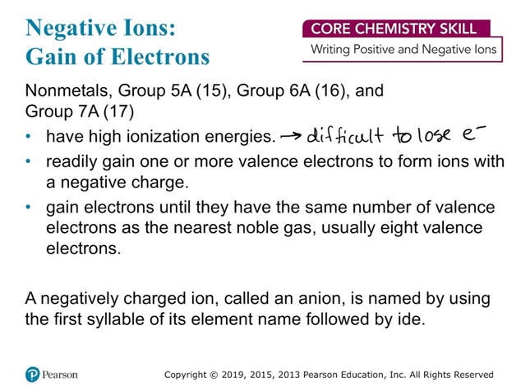So instead, nonmetals are going to gain one or more valence electrons to form ions with a negative charge. So nonmetals are going to gain electrons until they have the same number of valence electrons as the nearest noble gas. So that's usually 8 valence electrons, except, again, for helium, which only has 2.